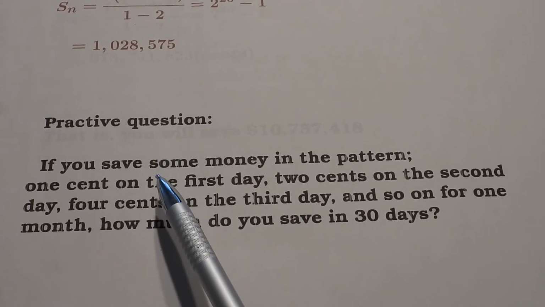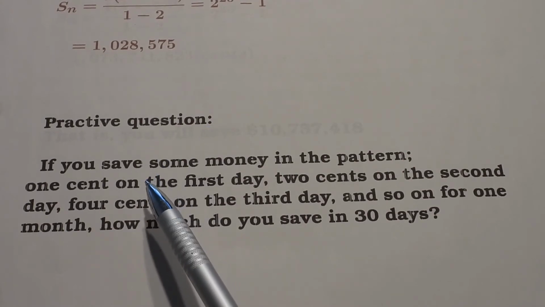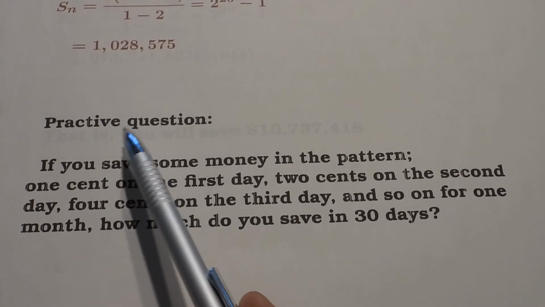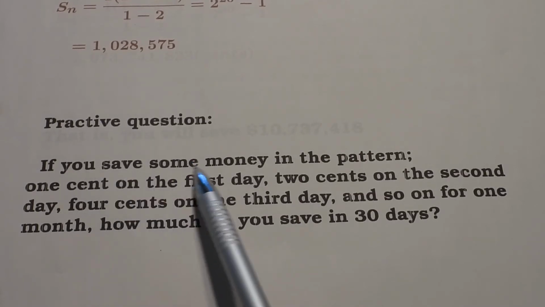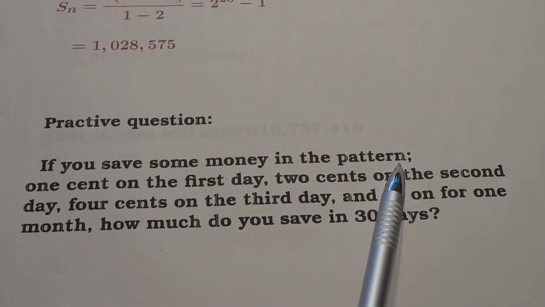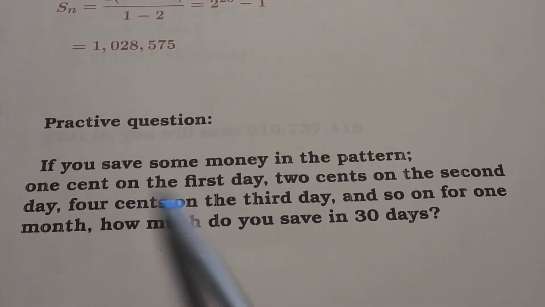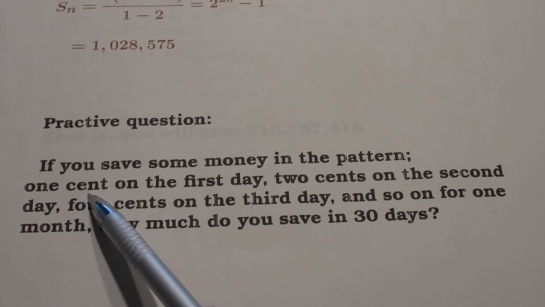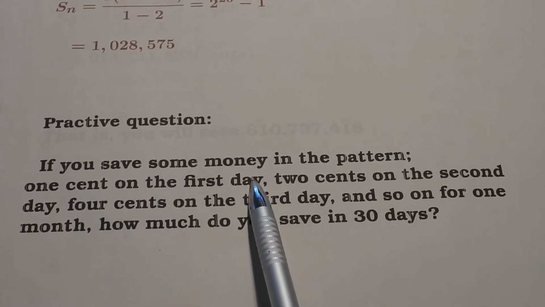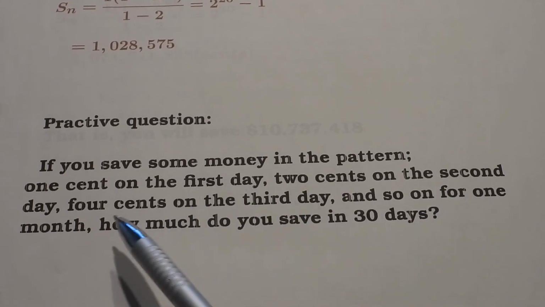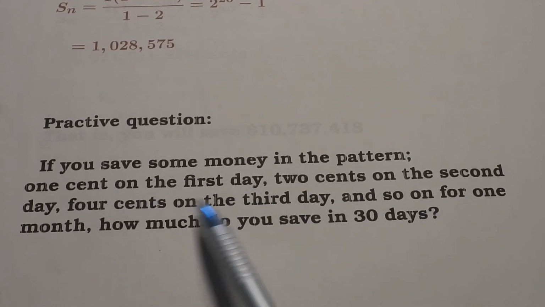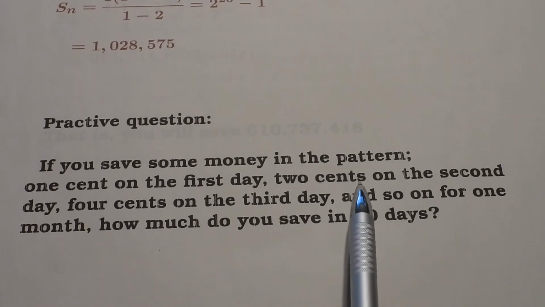This is pretty much the kind of question we may see in our life. If you save some money in a pattern, what kind of pattern? Look at it here. 1 cent on the first day, 2 cents on the second day, 4 cents the third day, and so on.